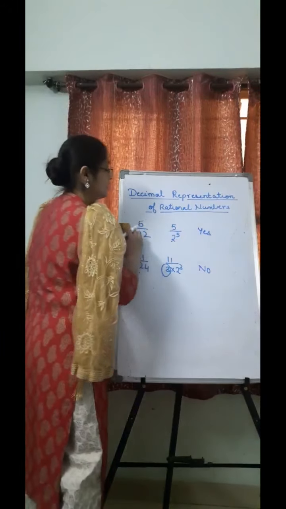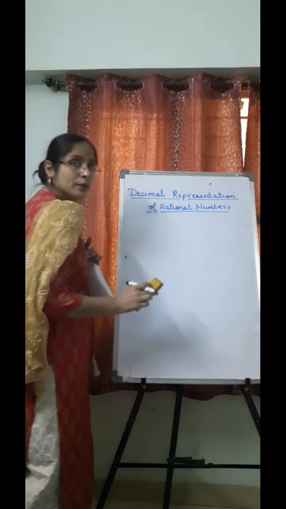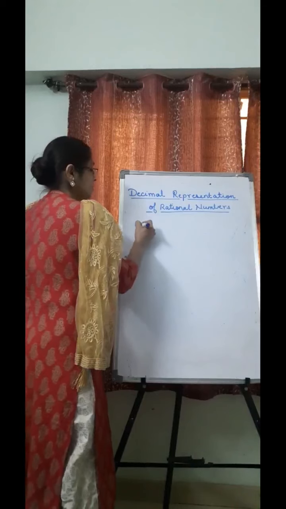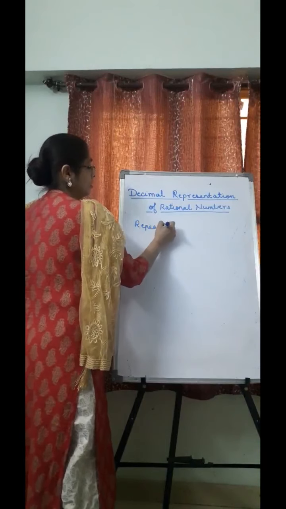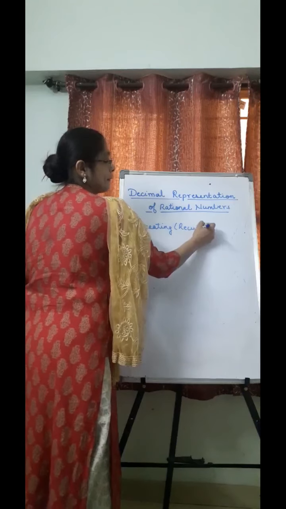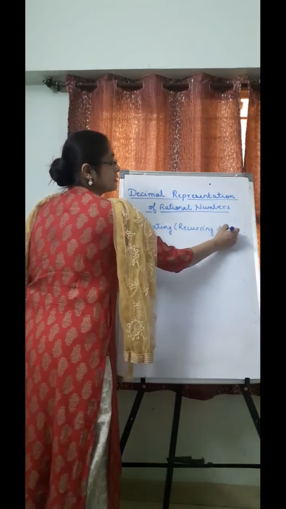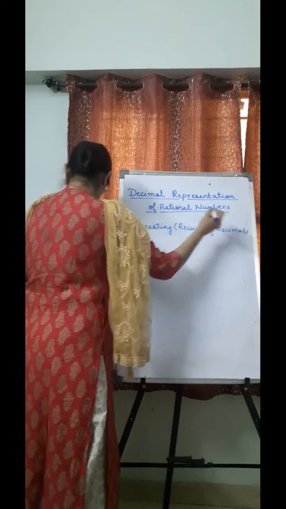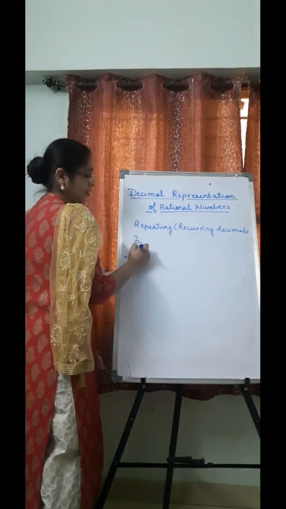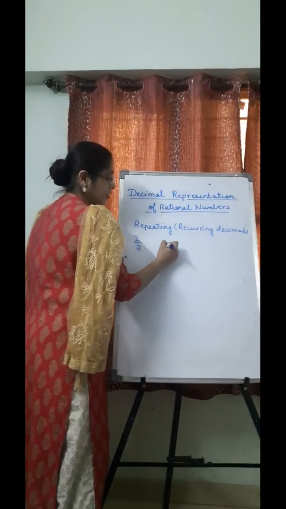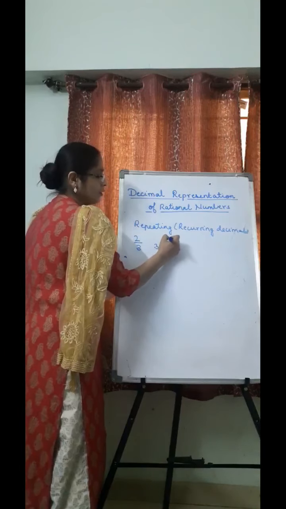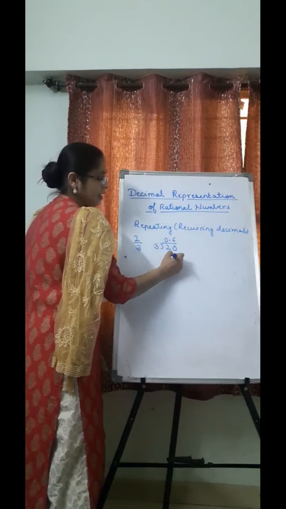Okay, what are repeating or recurring decimals? When the block of decimals is repeated, this is called repeating or also recurring decimals. Now let us take the example 2 upon 3. Let us start the division. 2 divided by 3. 0, I get 0. 3 sixes are 18.